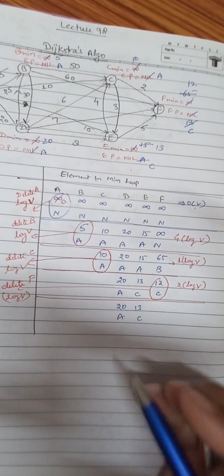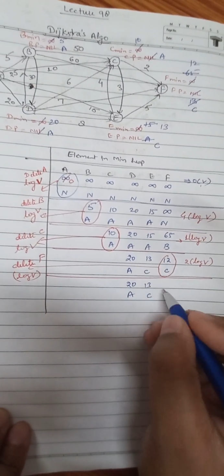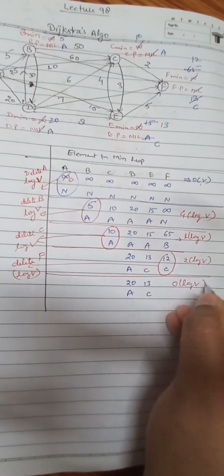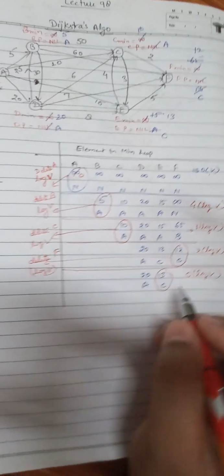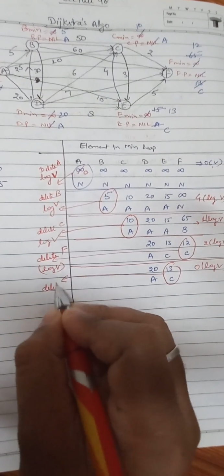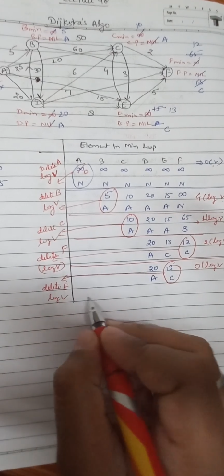So we are not doing any modification here. So how many comparisons? 0 log V. And if we are deleting this, again log V comparisons we have to do, to find which one is minimum. So we are deleting E here and log V comparisons.